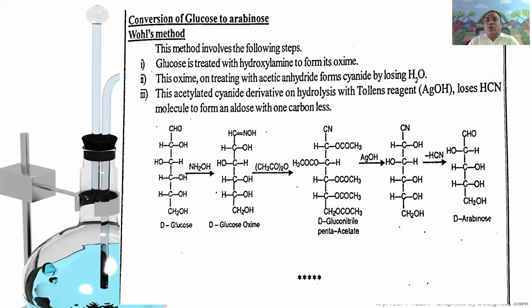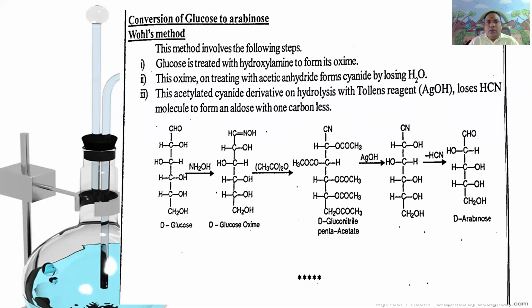These cyano derivatives undergo elimination of hydrogen cyanide in the fourth step. It gives D-arabinose. By this four-step reaction, we can convert D-glucose to D-arabinose. This method is called Cole's method.